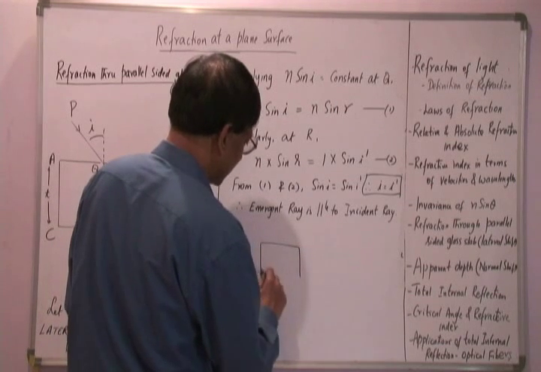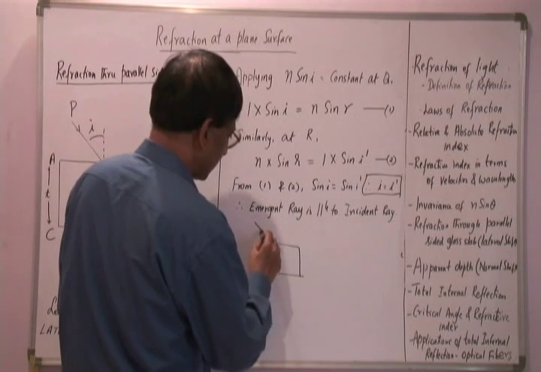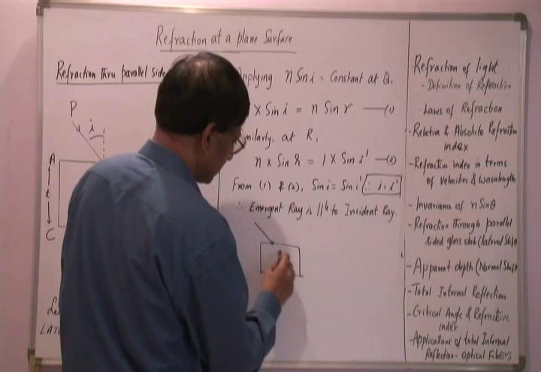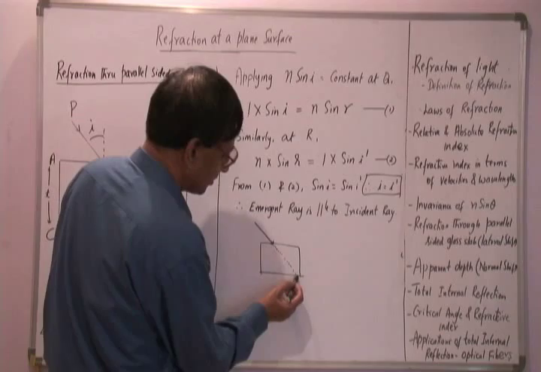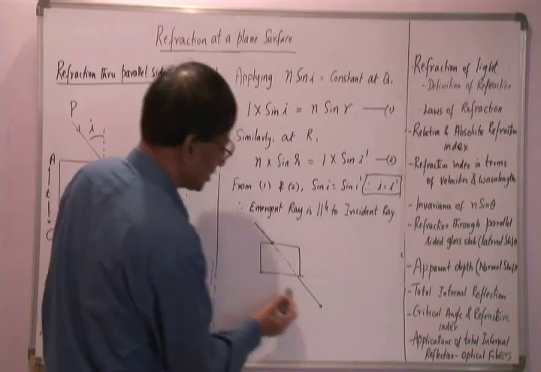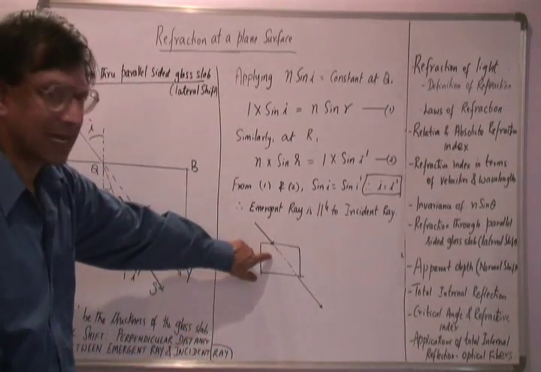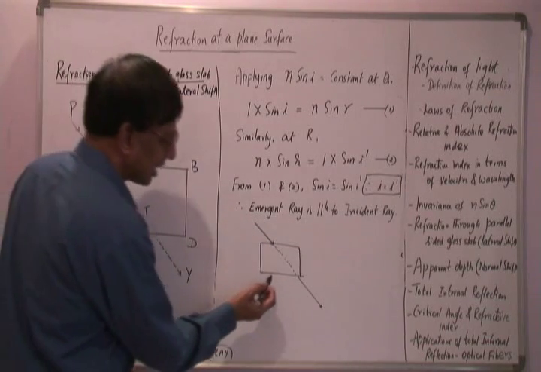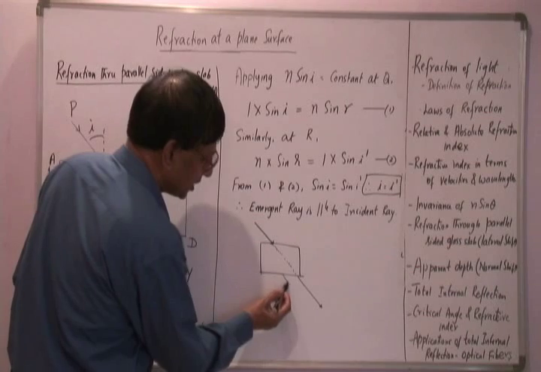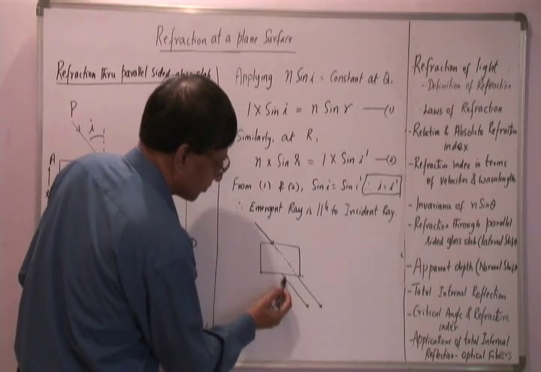For example, if this is the glass slab and if I make a ray emergent here, now assuming that I didn't have this glass slab, the ray of light would have emerged here, but because of my keeping a glass slab and because of the incident ray passing through the glass slab, I find that the rays emerging are in this direction.